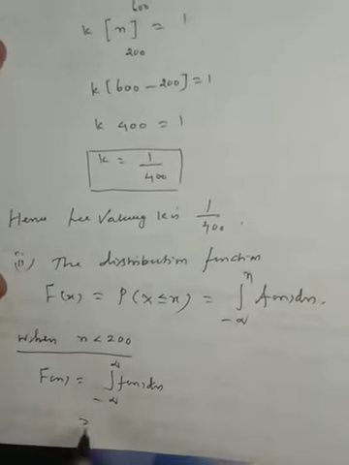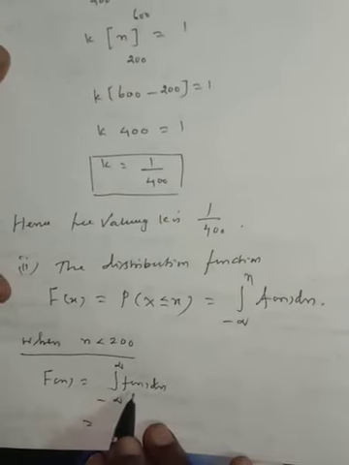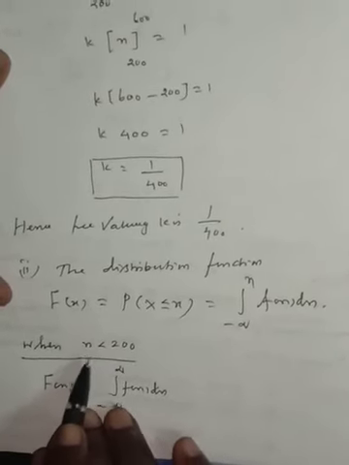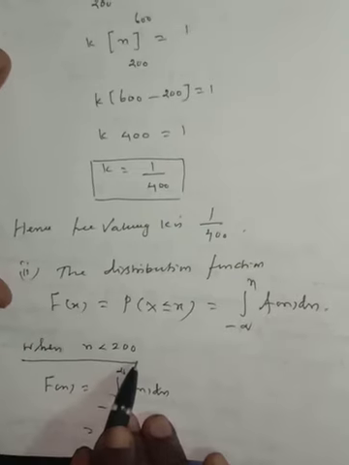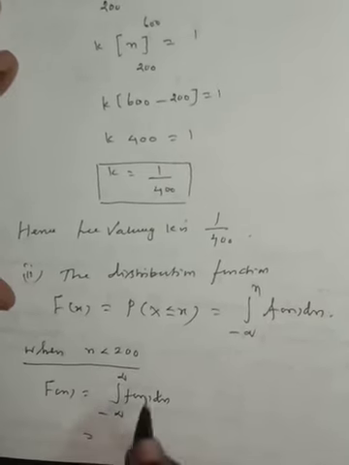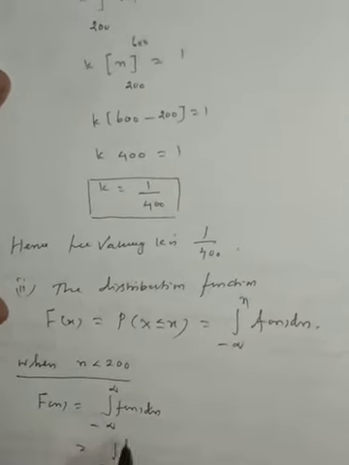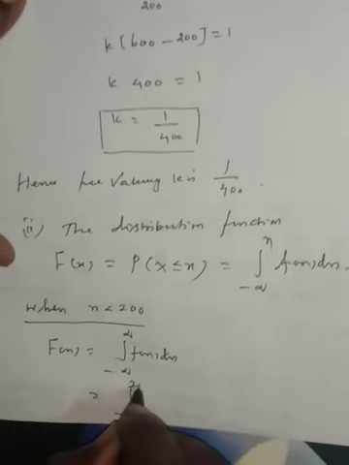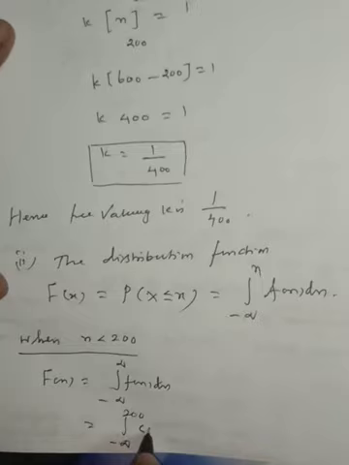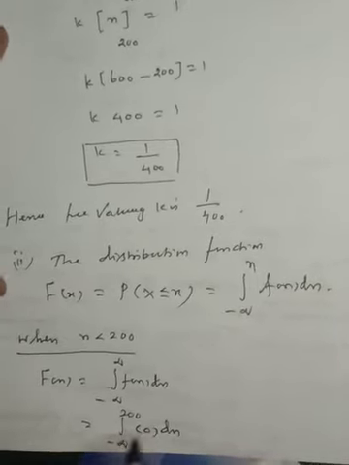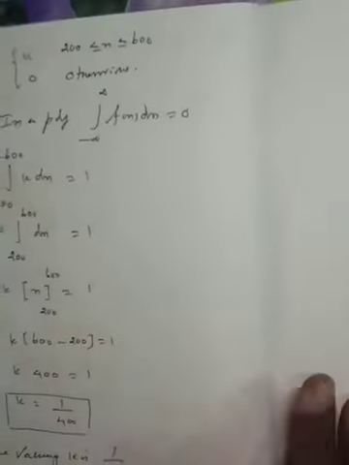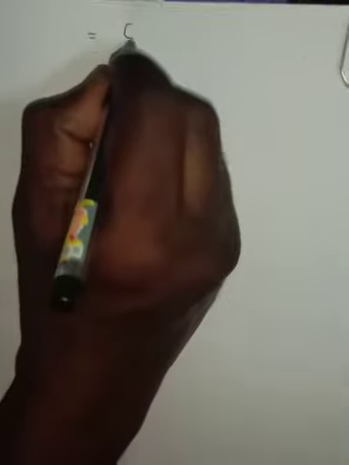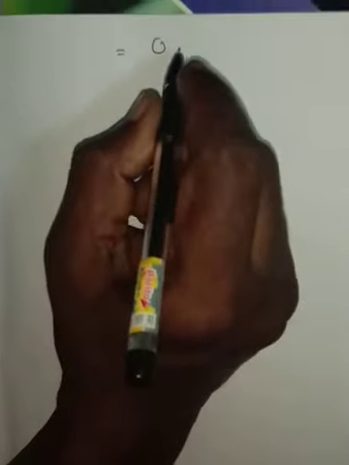In this case, x is less than 200, f of x is 0. Therefore, minus infinity to 200, f of x is 0 into dx. 0 into anything is 0. Therefore, total is 0. This is case number 1.